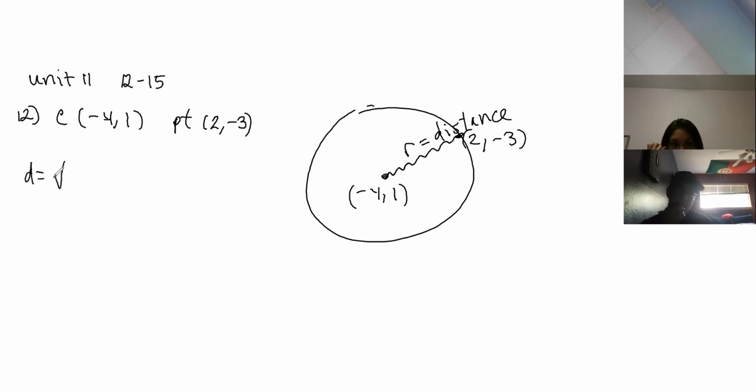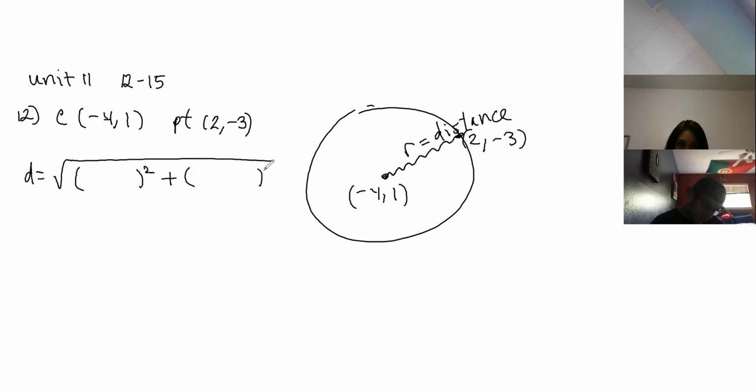The distance formula is the square root of, and I set the skeleton up, quantity squared plus quantity squared with minus signs in the middle, and I just subtract the x's and then subtract the y's. So that would be -4 minus 2 and 1 minus -3. Can you guys double check that? And that is correct for the x's, -4 minus 2, and for the y's, 1 minus -3.